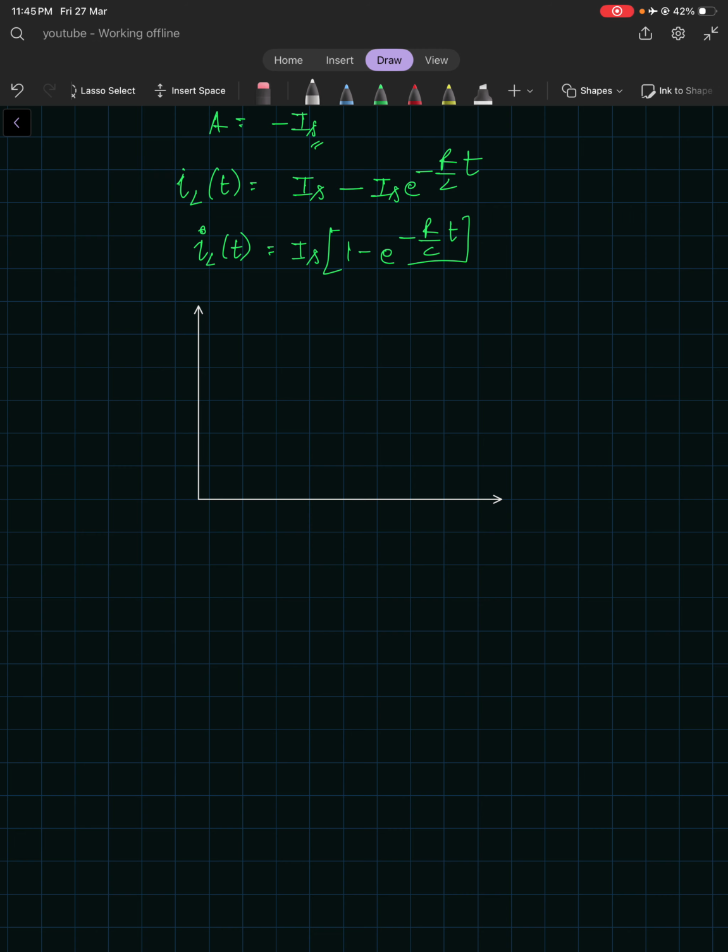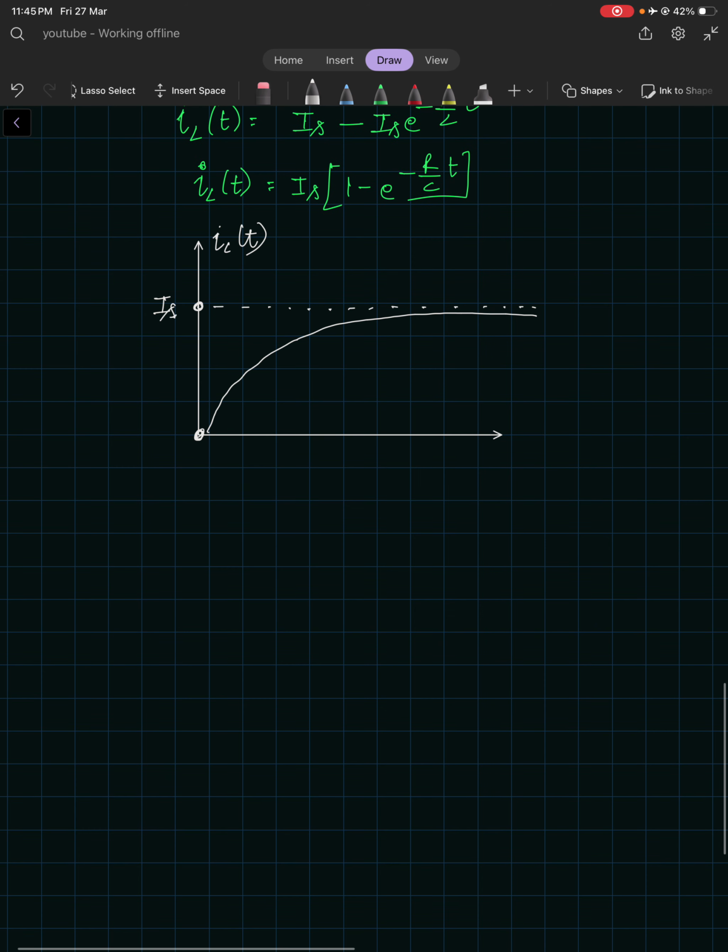The initial condition is 0, the final condition is IS, and the current would increase exponentially, just like the RC circuit. The nature of the response is the same, right? This is IL of T. So the current was increasing from 0 to IS.